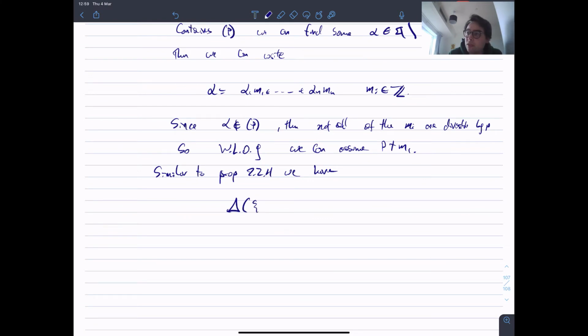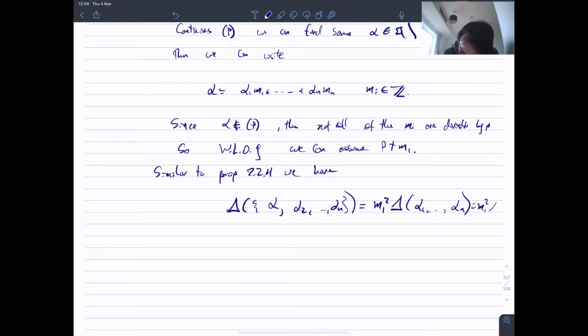You see that the discriminant of this set, alpha, alpha 2, all the way up to alpha n, is the same as m1 squared times the discriminant of alpha 1 to alpha n, our original discriminant, which is m1 squared, the discriminant of my number field, because it's the discriminant of my basis.